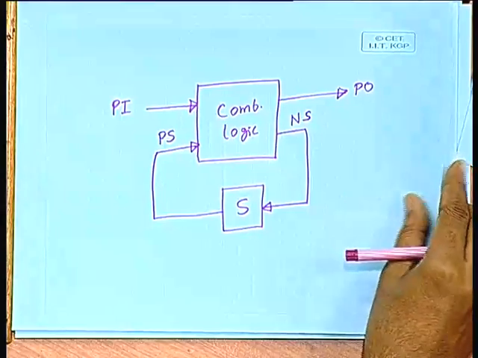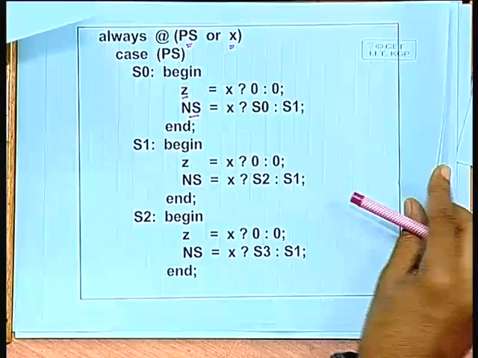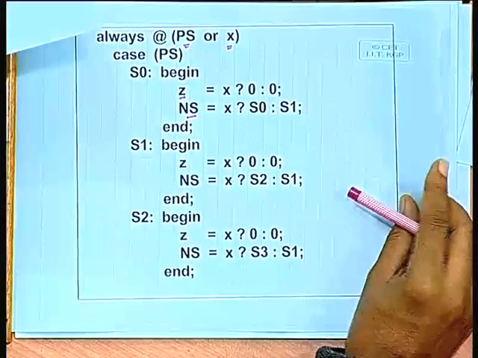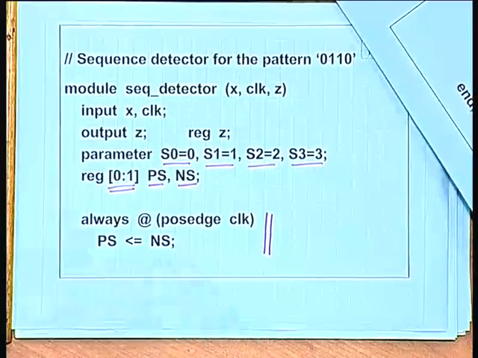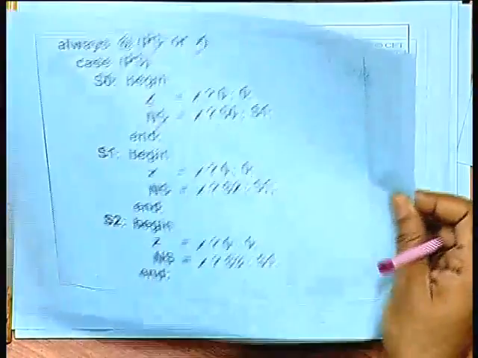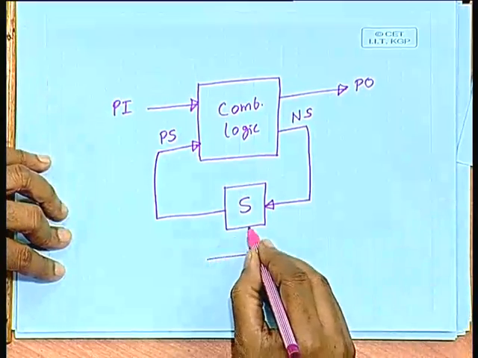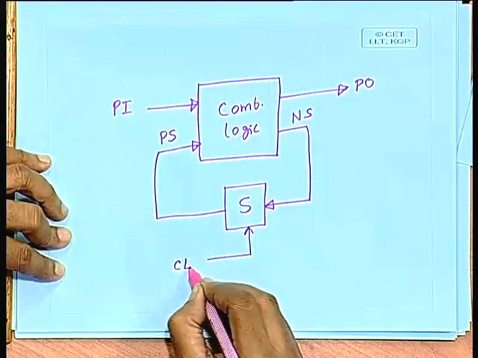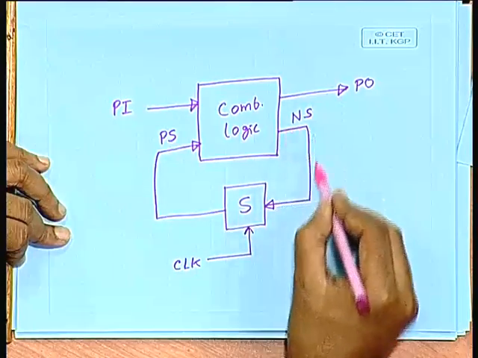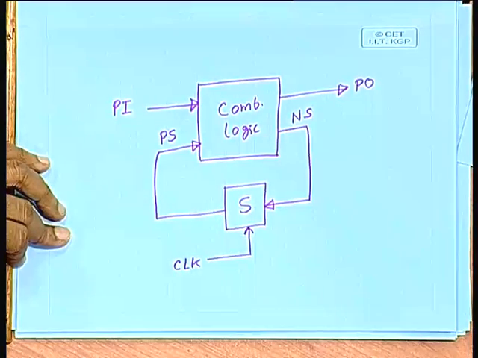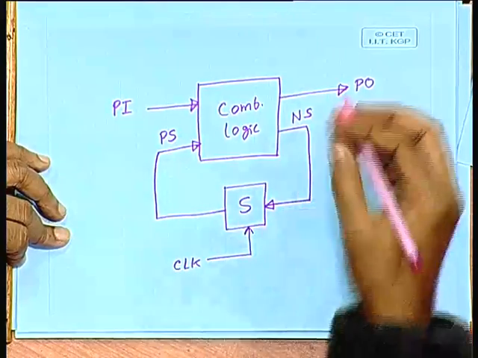Now, if you look at the code, in the first always block, we are simply assigning next state to present state whenever there is a clock. What it means with respect to this diagram is that clock is only coming here. Whenever there is a clock, next state gets transferred to present state. No other computation is clock driven.